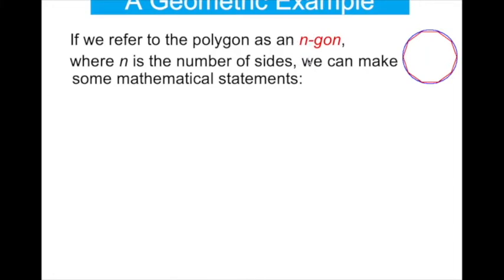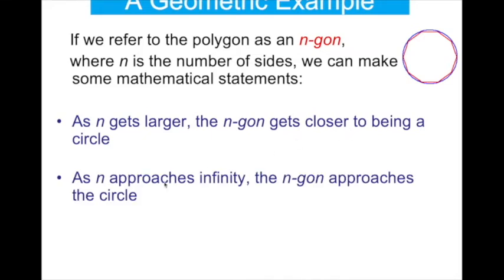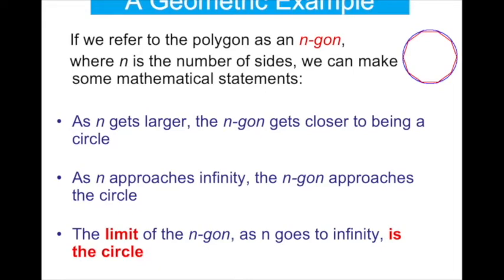Then we can make a statement as follows. As n becomes larger, the n-gon gets closer to being a circle. Or as n approaches infinity, or the number of sides approaches infinity, the n-gon approaches the circle. So the limit is the circle.